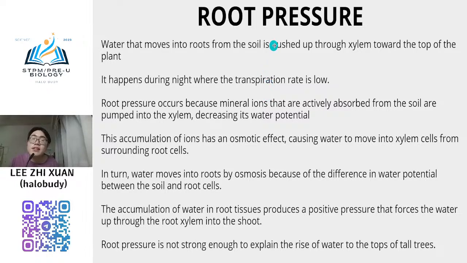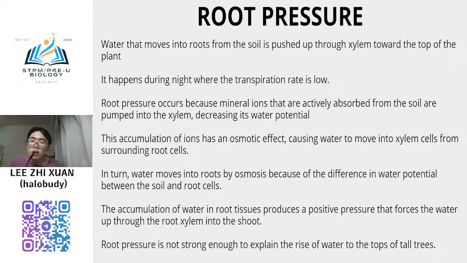Okay, so why do we say that root pressure is pushing? Normally root pressure happens during the night only, when the transpiration rate is very low. We know that the transpiration process is highly related to gas exchange, highly related to the stomata, right?